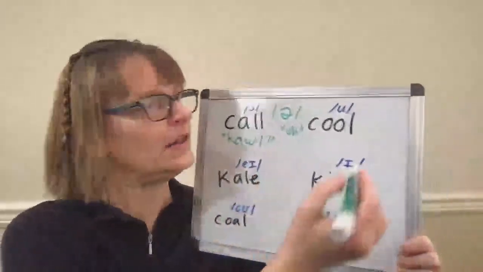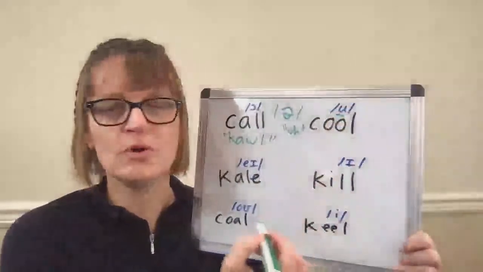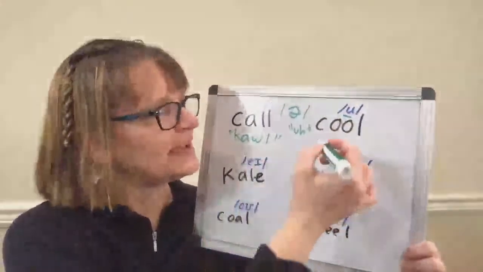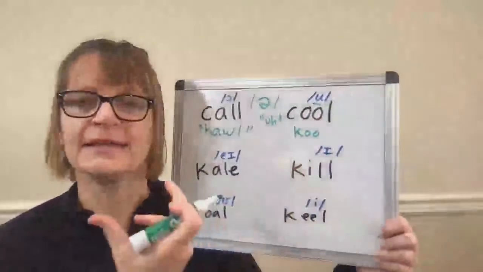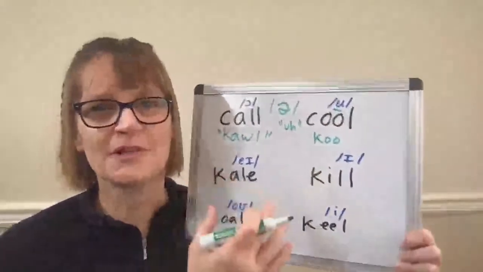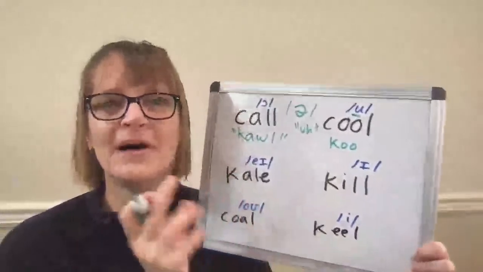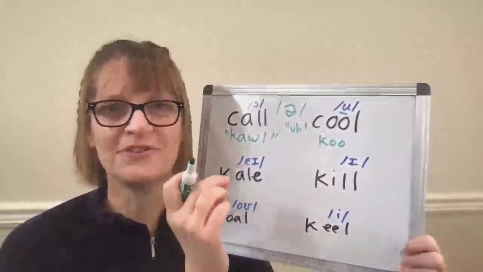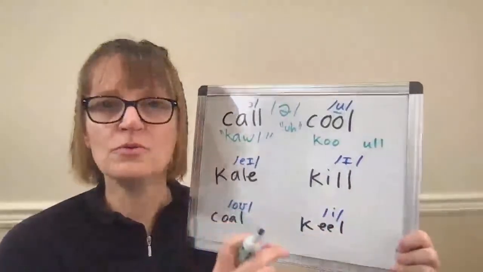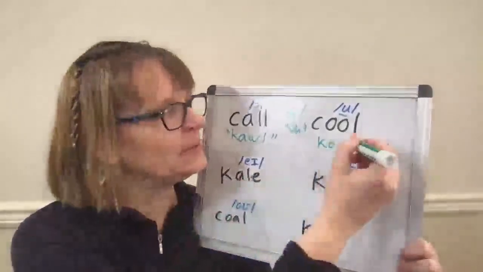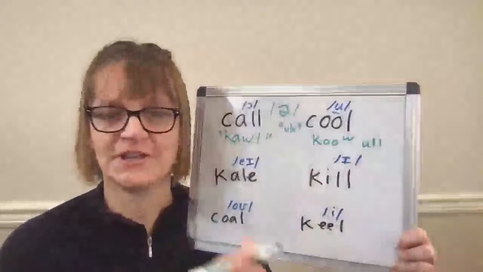After call, we have the oo, cool, the oo sound. Again, with this one, think about breaking it almost into two parts. It's a one-syllable word, cool, but because of that oo transitioning to the dark L, we end up with a little bit of a gliding w sound to connect those two.